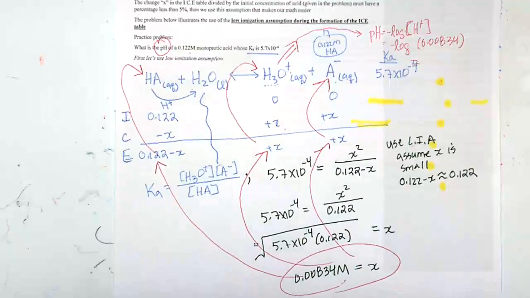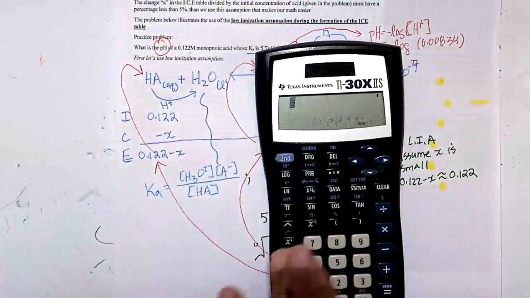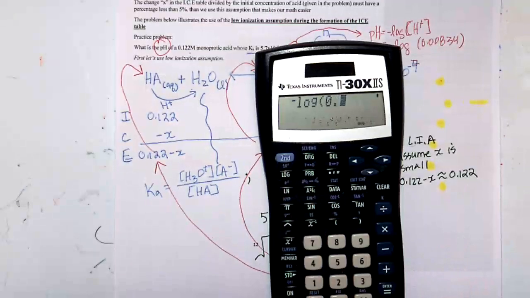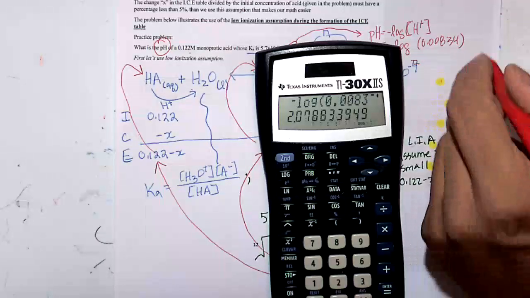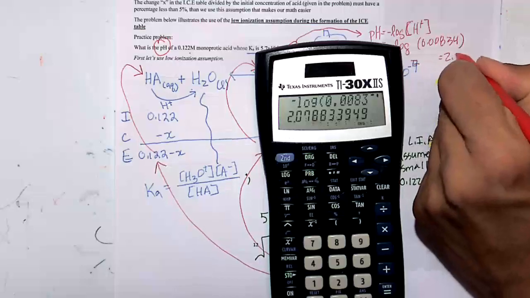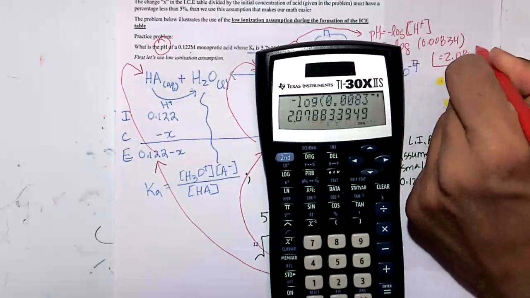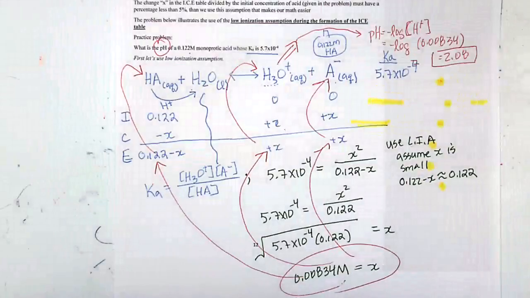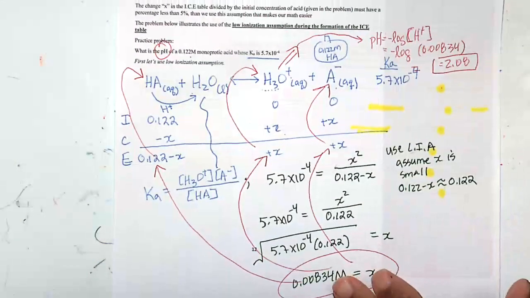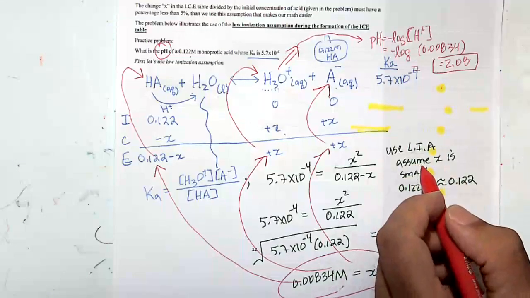And what is this on our calculator? 2.07, 2.08. Okay. And this is the answer, but let's check our assumption.